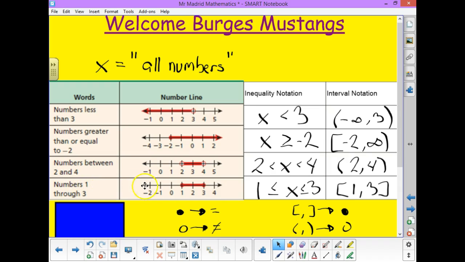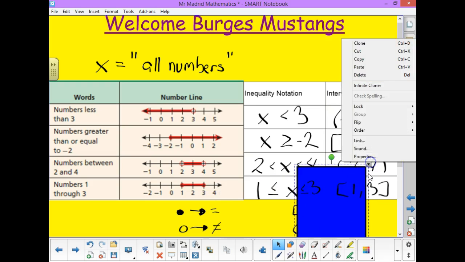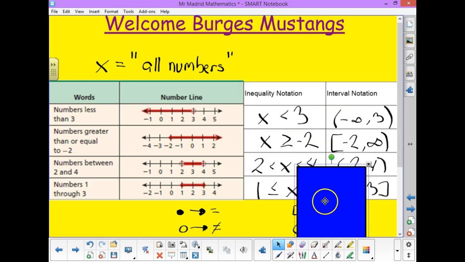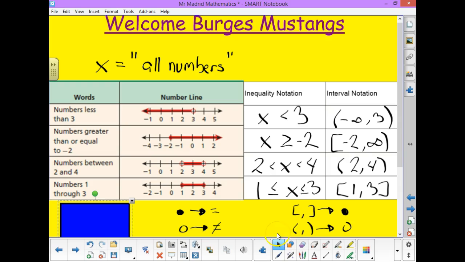Through meaning you can include the 1 and the 3. So let's take a look at that. All numbers greater than or equal to 1, but all numbers less than or equal to 3. And that's what that statement represents.